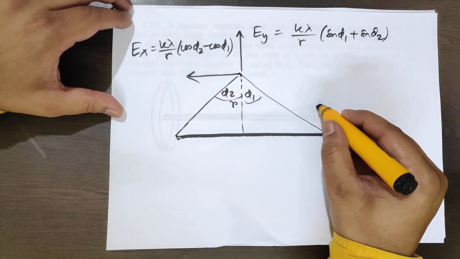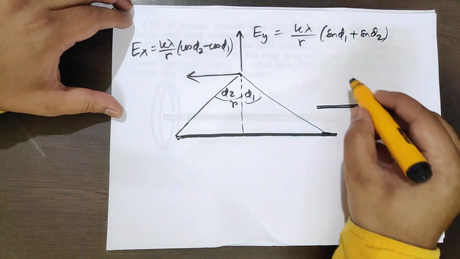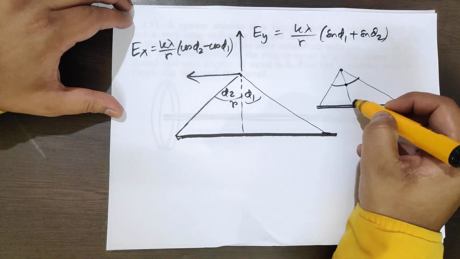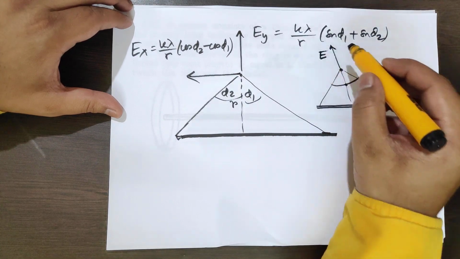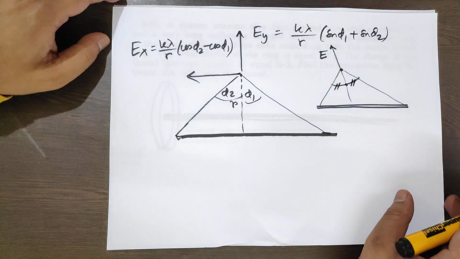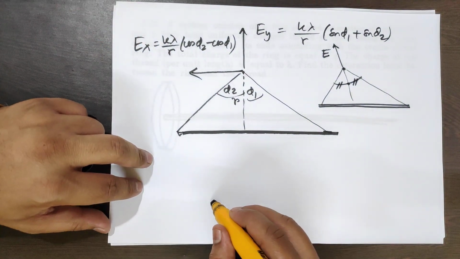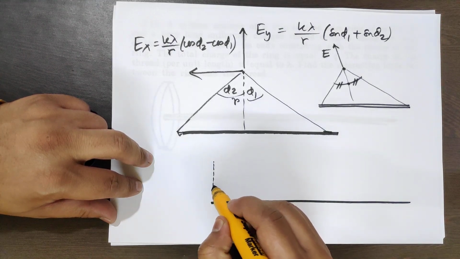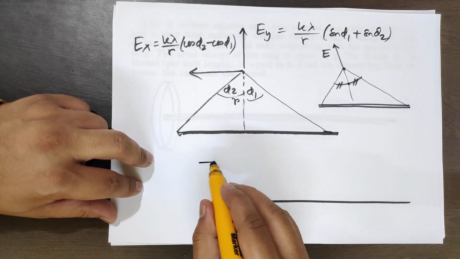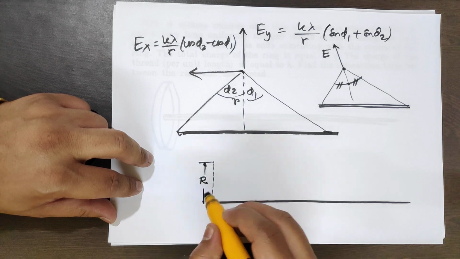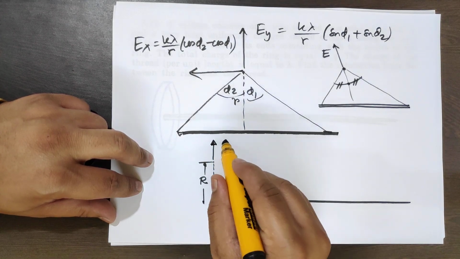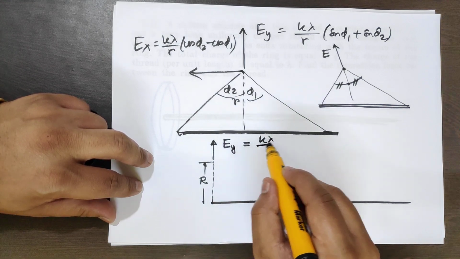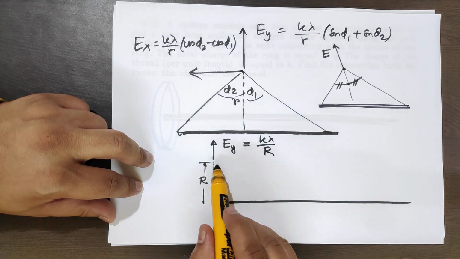And when you have a charged rod like this, the total field goes along the angle bisector. This is the direction of the field. So for the semi-infinite one, at a distance R from it, Ey will be equal to how much? k lambda by r times sin phi 1 plus sin phi 2.